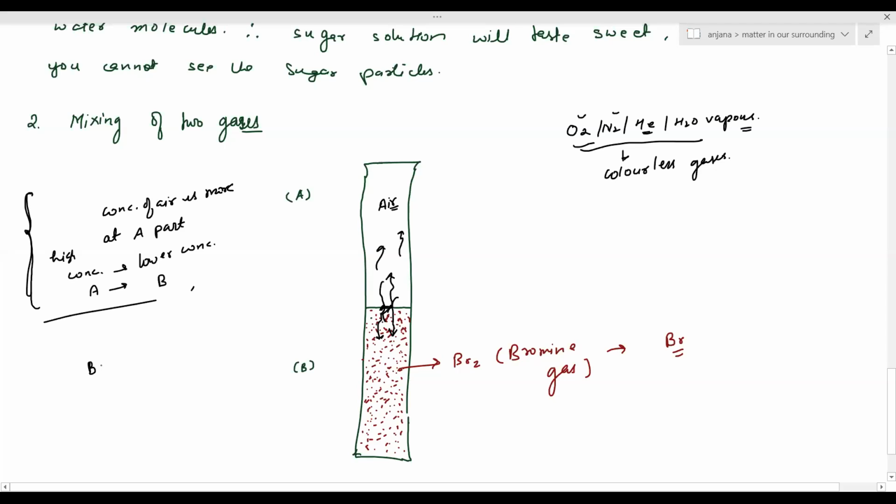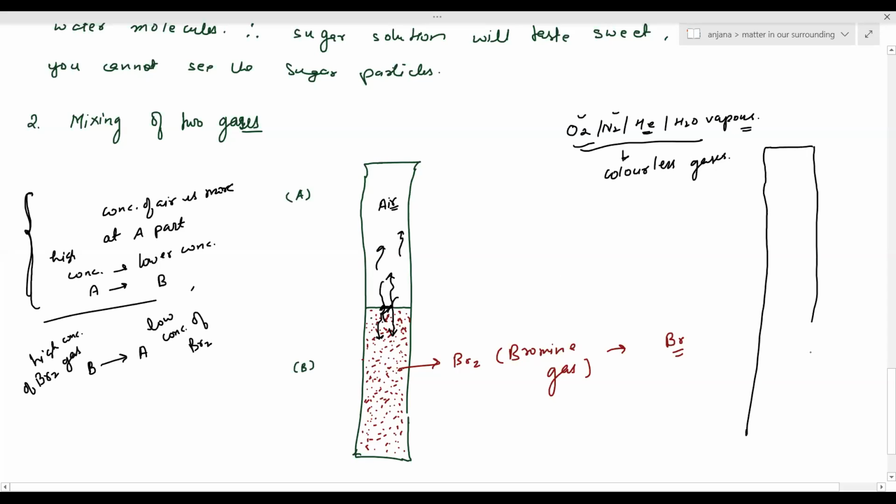So here you have high concentration of Br2 gas, and here you have low concentration of bromine gas. Since air is colorless, you can't see air moving. But since bromine is colored, you can see that bromine is moving.